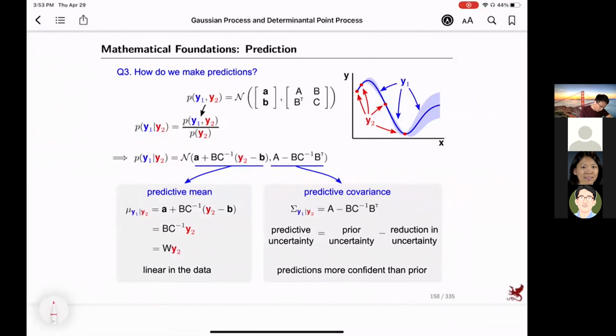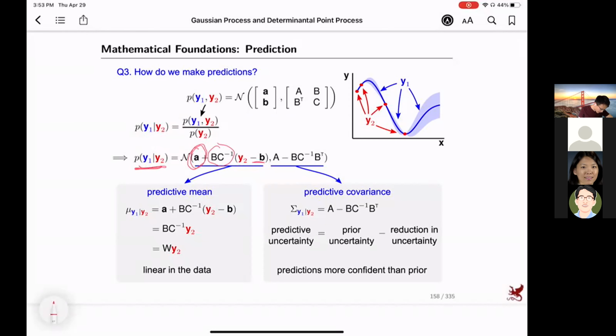If we didn't observe anything, we have this prior mean of y1, which is a, but still we include some linear function, which is just two matrices multiplied together and then minus some vector. So we include a linear function of y2 in the posterior mean of y1.